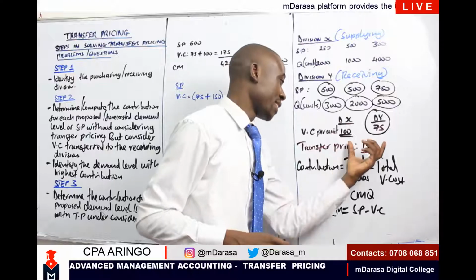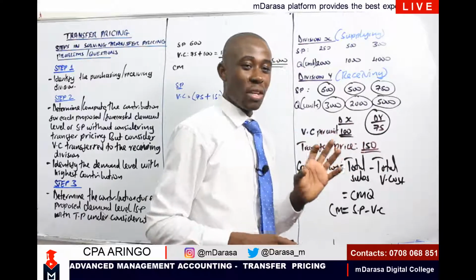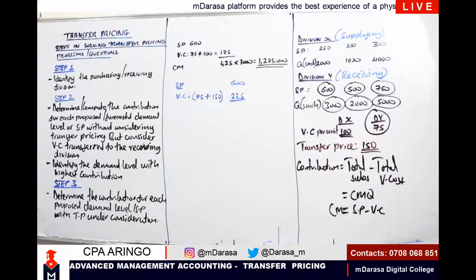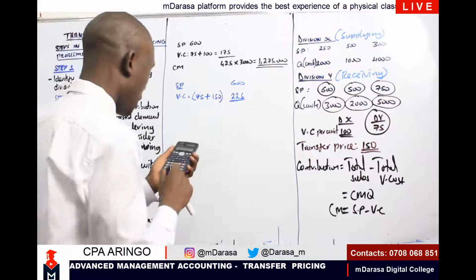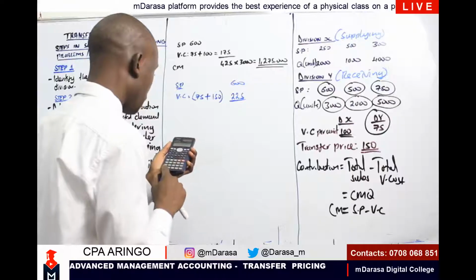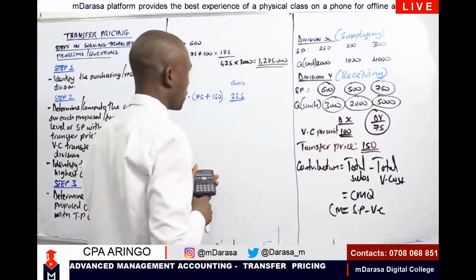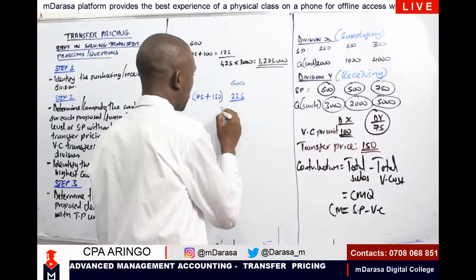So that's why you just take the transfer price only, the figure as it is. So this should give us a contribution margin of 600 minus 225 to give us 375. So I'm going to take 375.